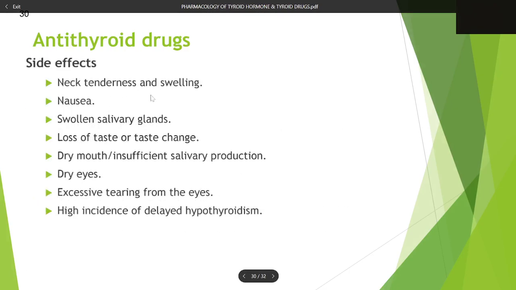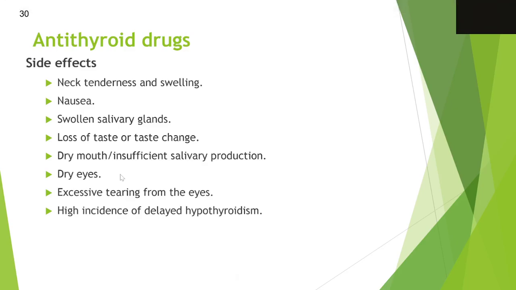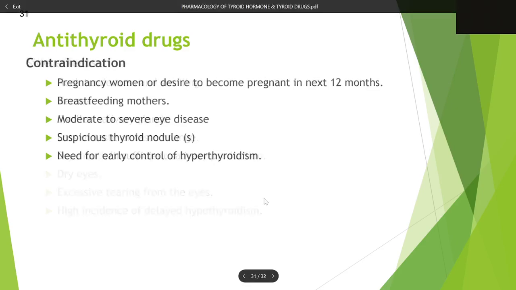Now, the side effects include neck tenderness and swelling, nausea, swollen salivary gland, loss of taste or taste changes. It can cause dry mouth, insufficient salivary production, dry eyes, and excessive tearing from the eyes, and there is a high incidence of delayed hypothyroidism.